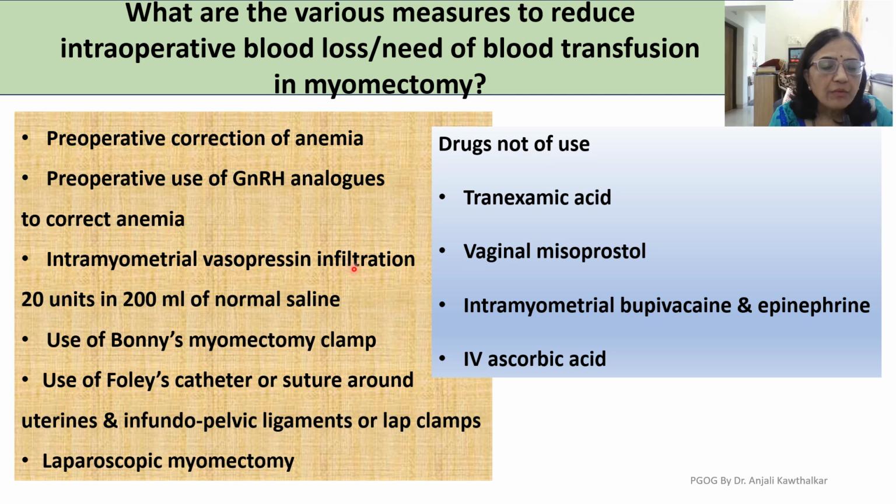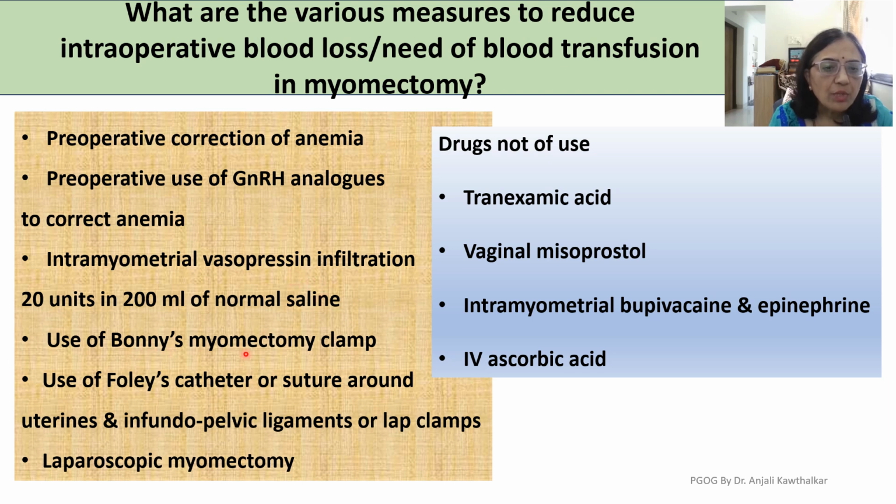Intramyometrial vasopressin infiltration is advocated strongly. Dilute vasopressin is infiltrated. 20 units is added to 200 ml of normal saline and it is infiltrated in or around the leiomyoma. That leads to vasoconstriction and reduction in the intraoperative blood loss.